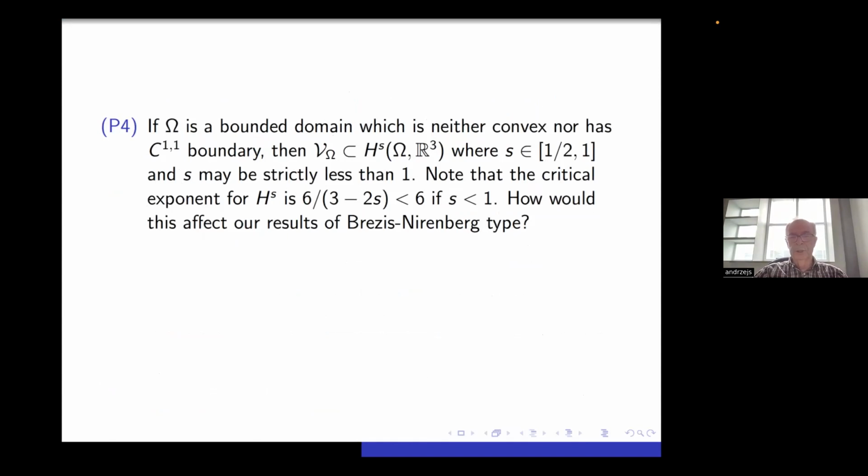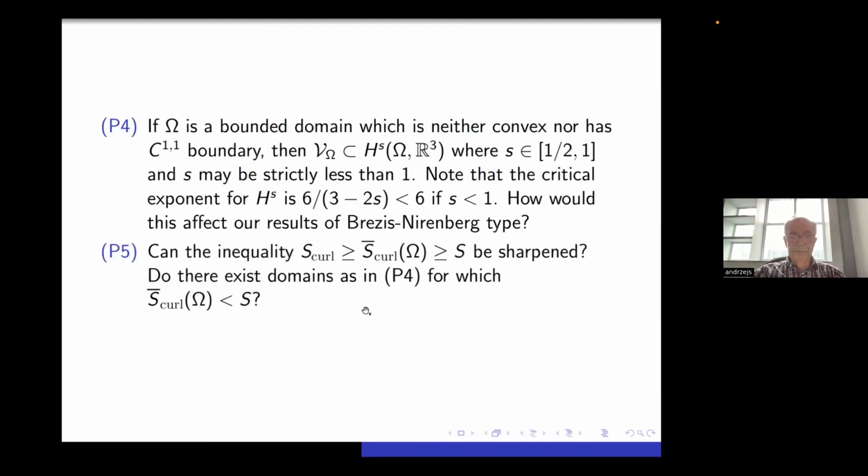I think there's an example where s is exactly equal to 1/2. This is, in a sense, hard to believe, but since there are examples, one has to believe it. And now suppose that s is strictly less than 1. Then the critical exponent is strictly less than s. What does this mean for the results of this type?